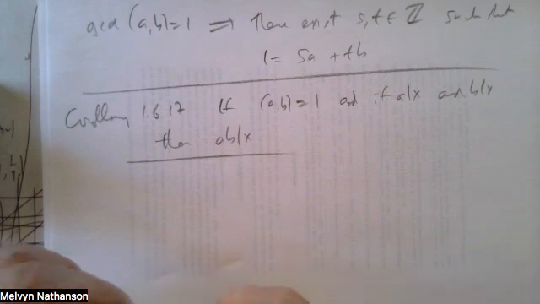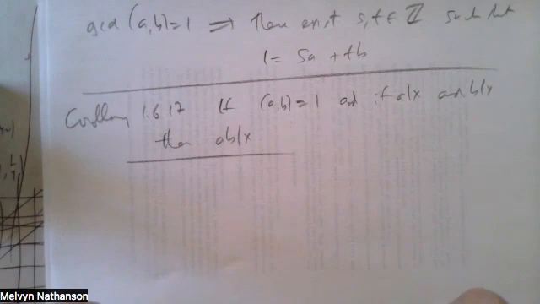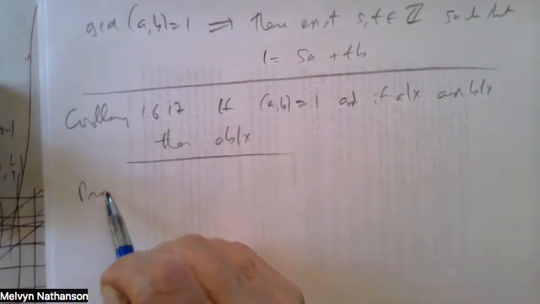So whichever style you prefer, you have both of them. So how does the proof go?